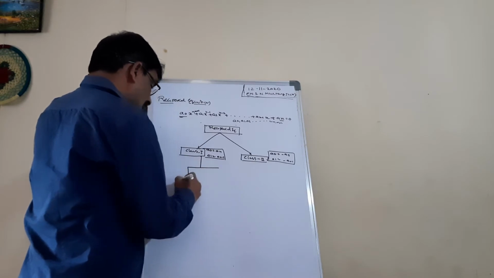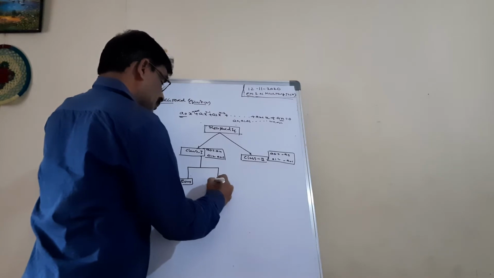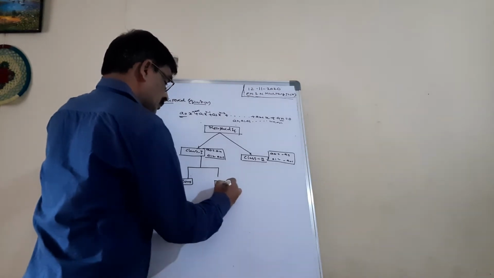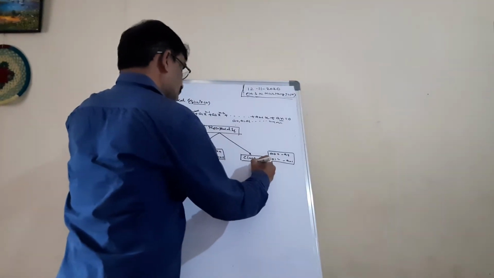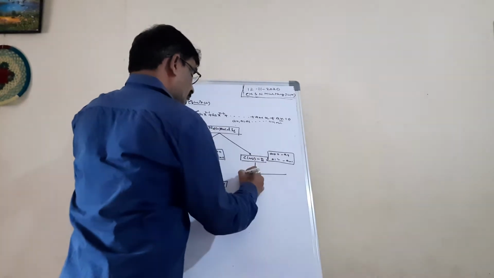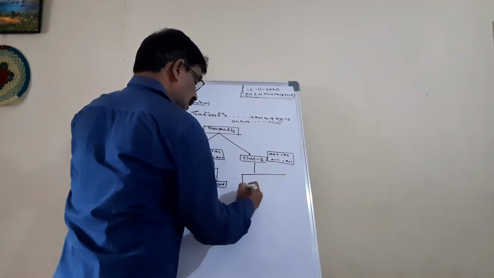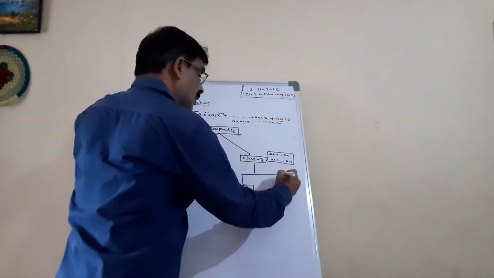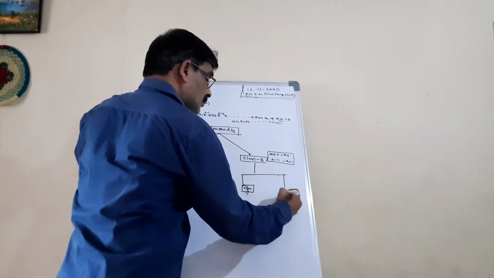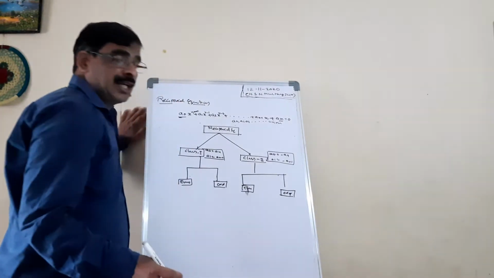Again even and odd. Class 1 is divided into even and odd, and class 2 also is divided into even and odd. It means even degree and odd degree.